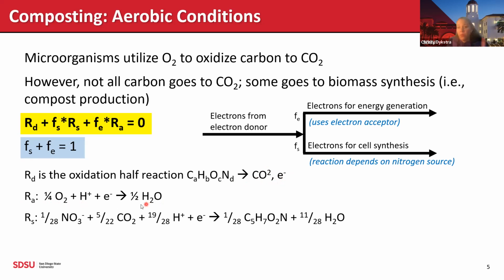Now, one thing that's important when you're doing this process is that it has to be 1 electron. So this half reaction right here is on the basis of 1 electron. We would do the same for our donor reaction, and then also for our synthesis reaction, which is already balanced for us. So this is a big, long, nice reaction, but luckily you will be provided with this if you need it.